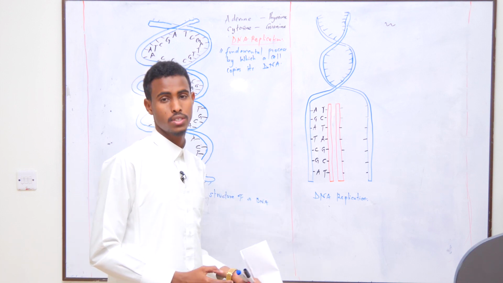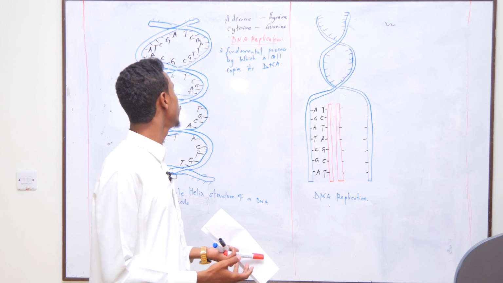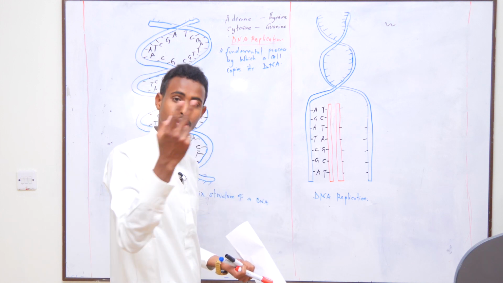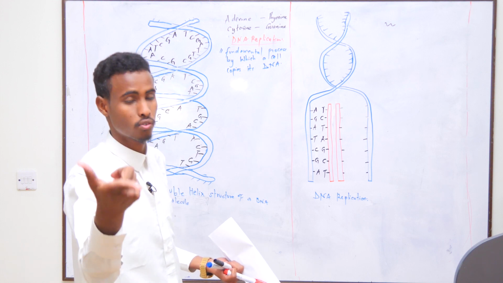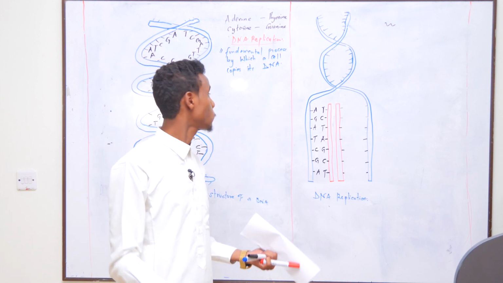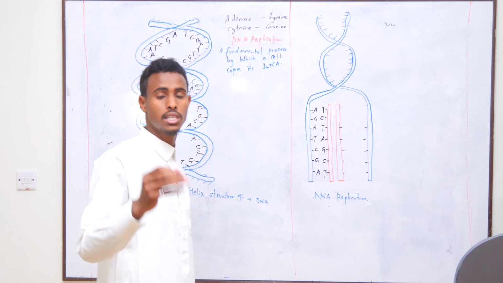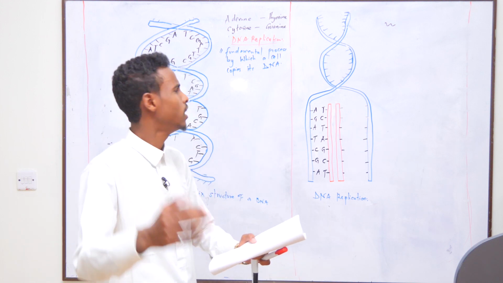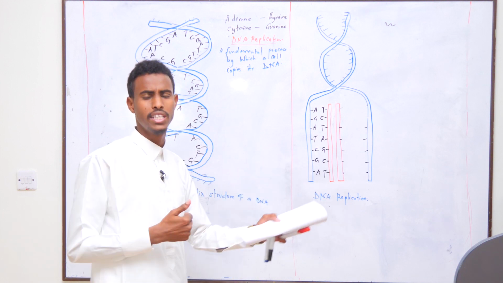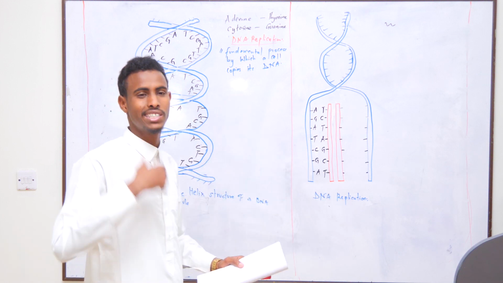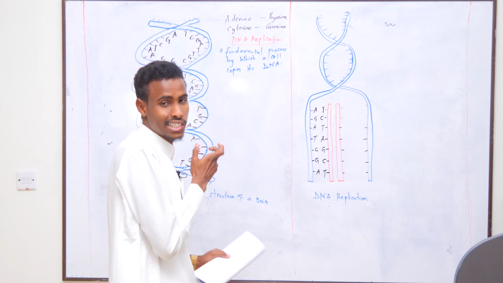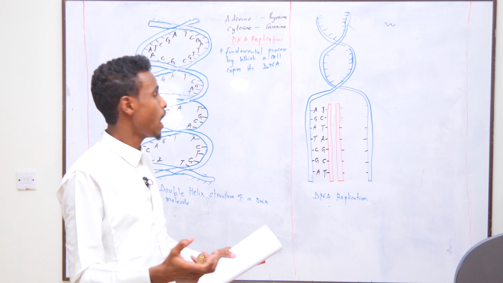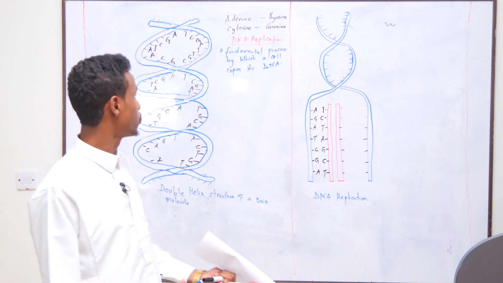Both involve division of the cell, but one of them, mitosis, results in two daughter cells, each having the same number of chromosomes as the parent cell, while meiosis results in four daughter cells, each having half the number of chromosomes as the parent cell. But in each case, the genetic material is passed on exactly as in the parent, because we use the parent DNA as the template from which the information is copied.